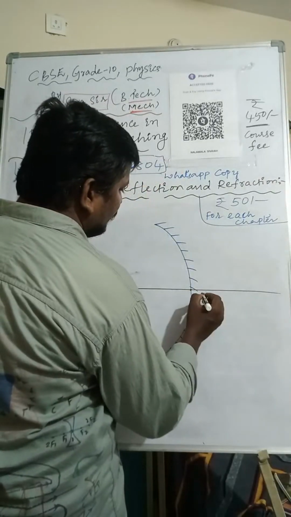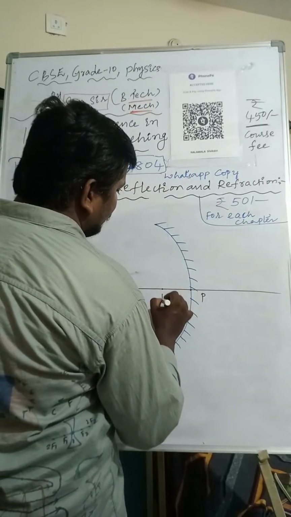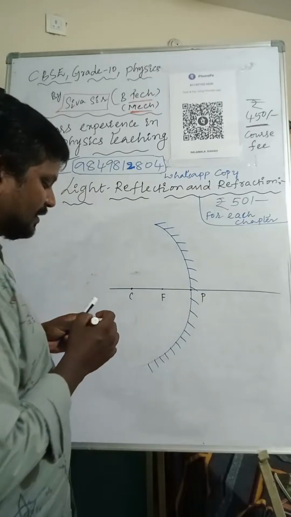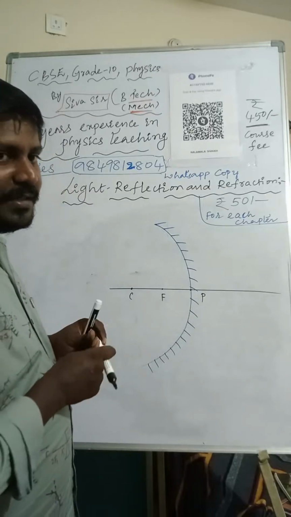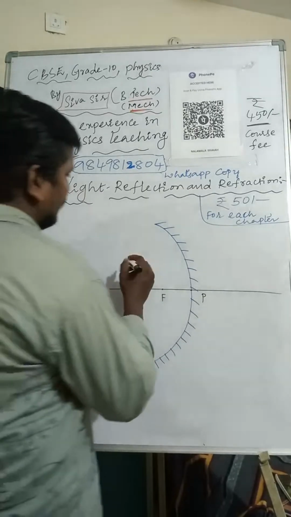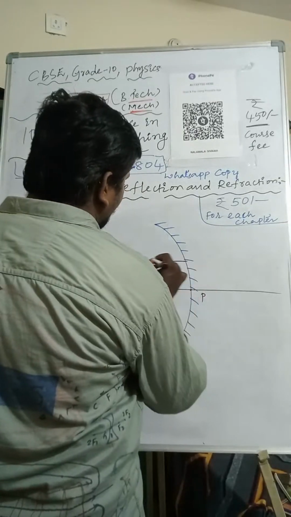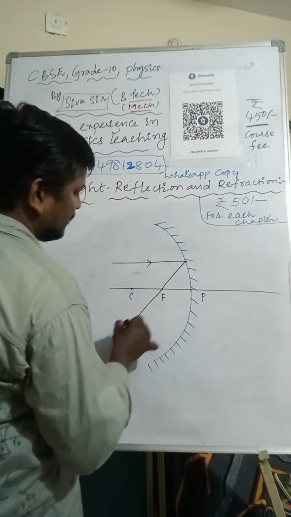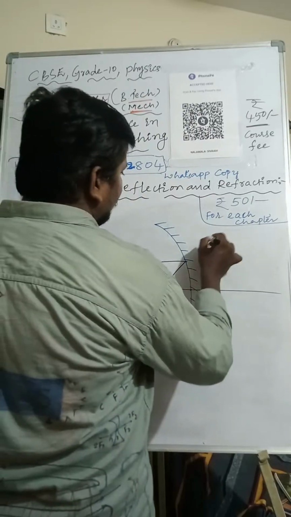Pole, focus, center of curvature. I'm taking one light ray like this. It passes through the focus. First one.